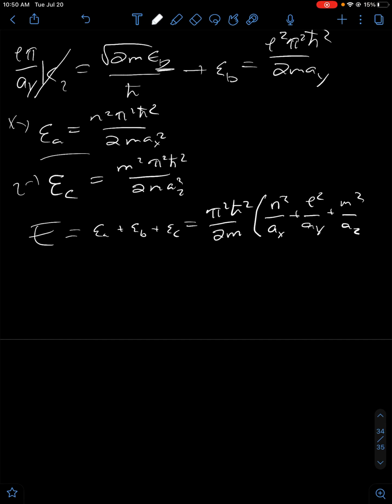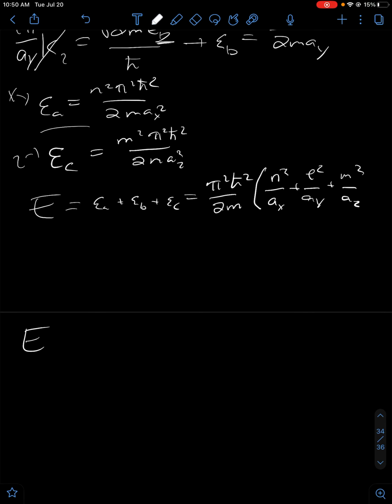And we see immediately that our energy depends on n, L, and m.